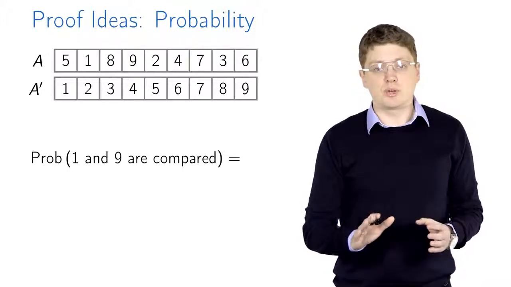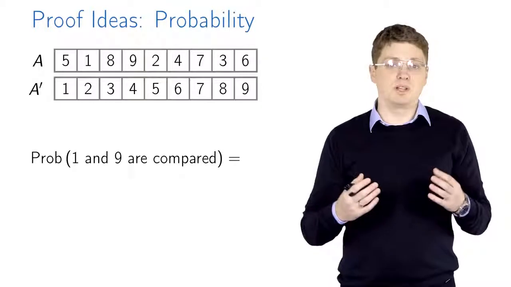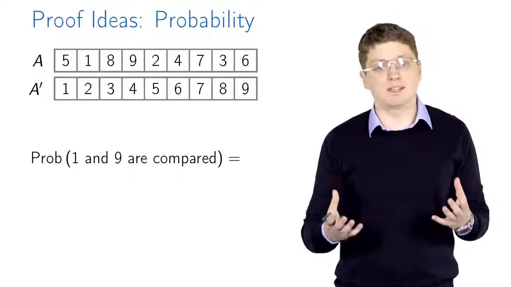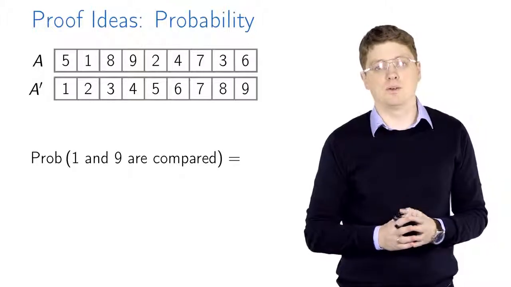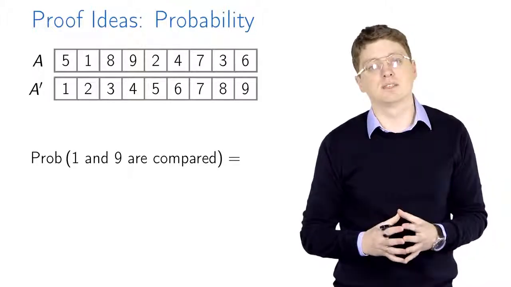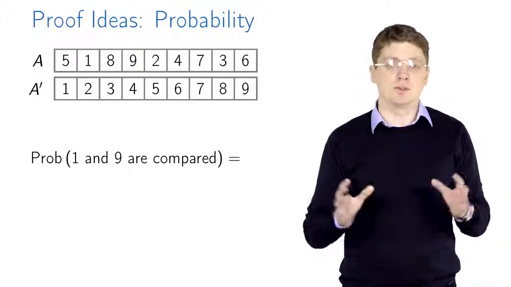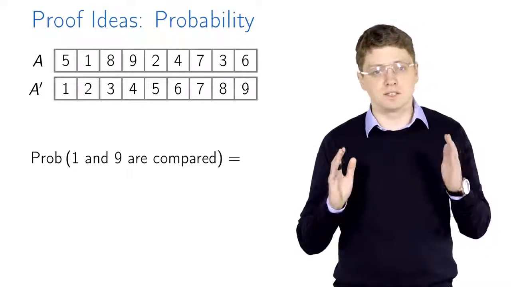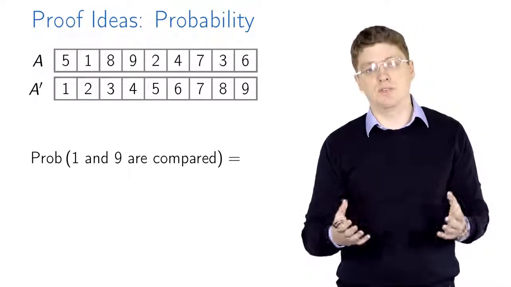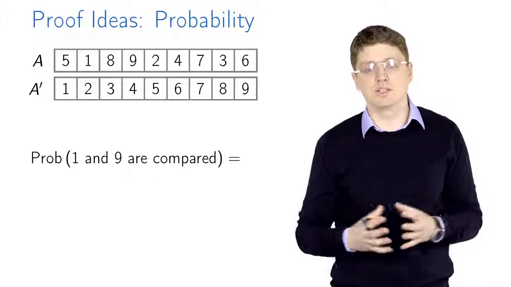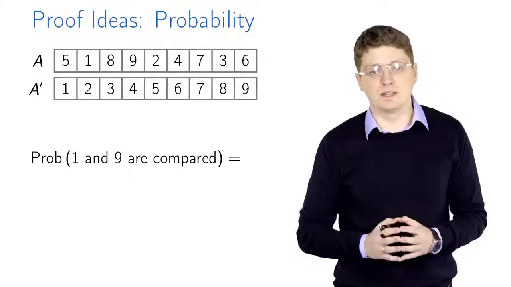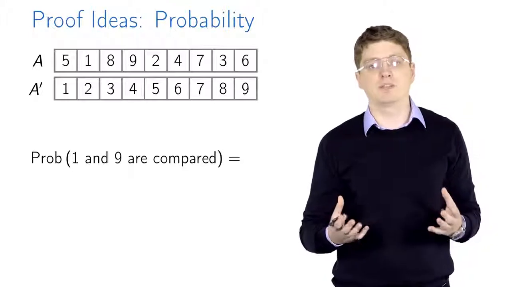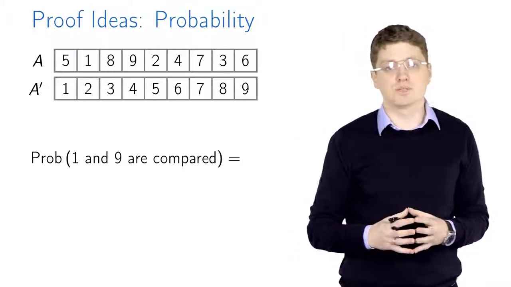And using this toy example shown on the slide, I would just like to build an intuition on how to estimate this probability, or on which factors this probability depends. So consider this small example. This is an array of size 9 containing all the digits, and I would like to estimate the probability that elements 1 and 9 are going to be compared if we call randomized quicksort for this array.